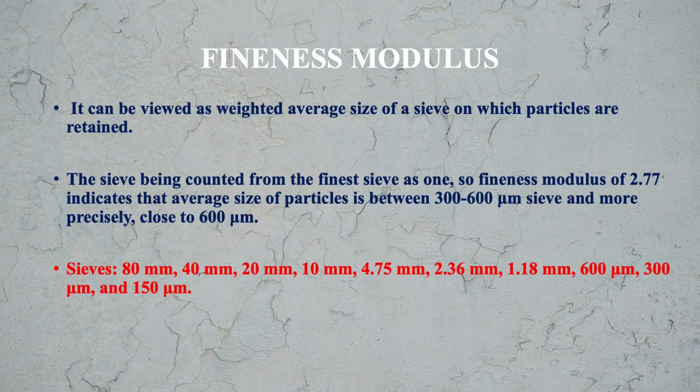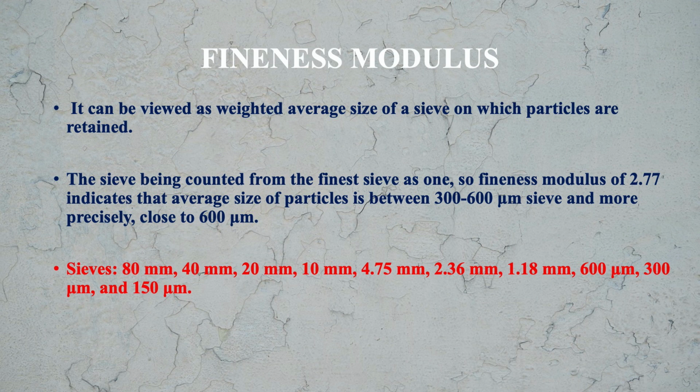Now it can be viewed as the weighted average size of the sieve on which particles are retained. The sieves are counted from the finest sieve as 1 and going up, with the number increasing. So the fineness modulus of 2.77 that we have just calculated indicates that the average size of particles is between the 300 micron and 600 micron sieve, and more precisely close to the 600 micron.